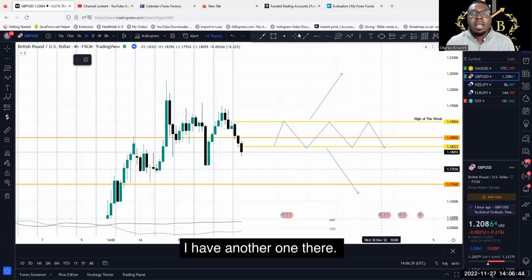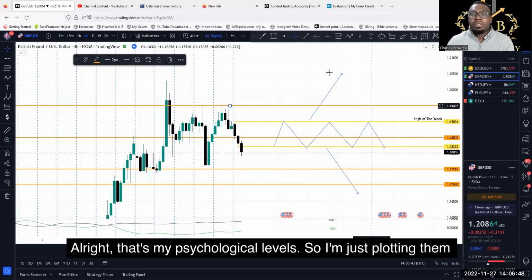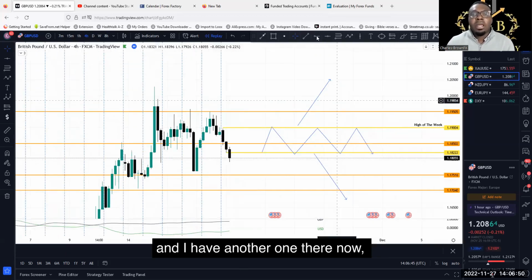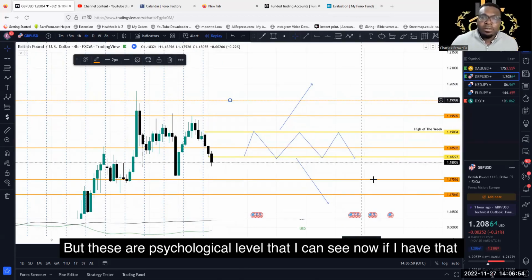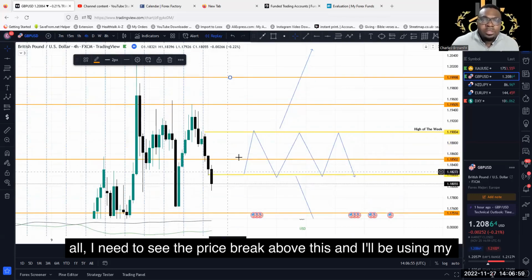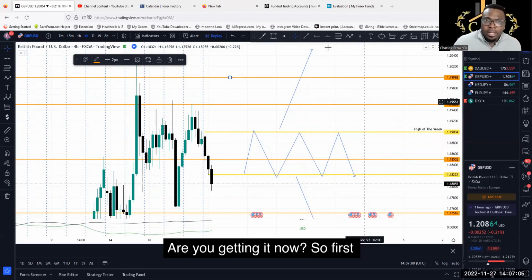You can ask why those lines are there, but these are psychological levels that I can see. If price breaks above this, I'll be using my psychological level as an entry point or exit point. Are you getting it now?